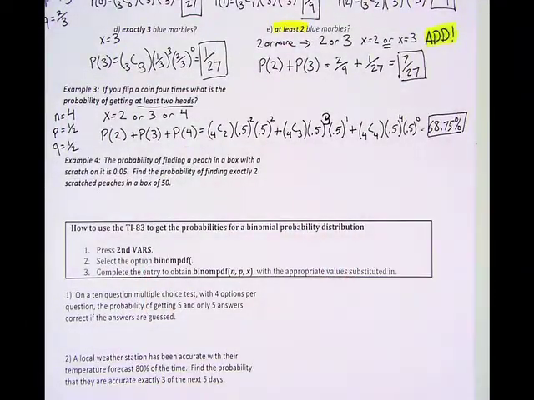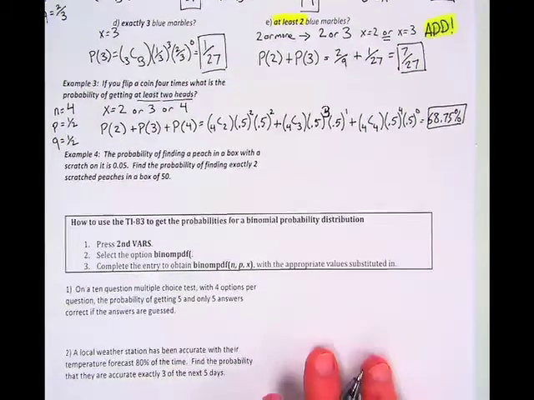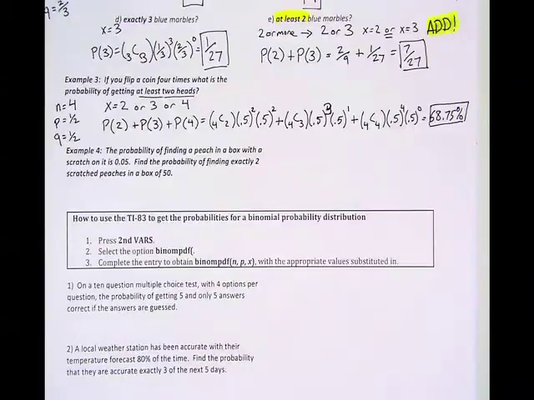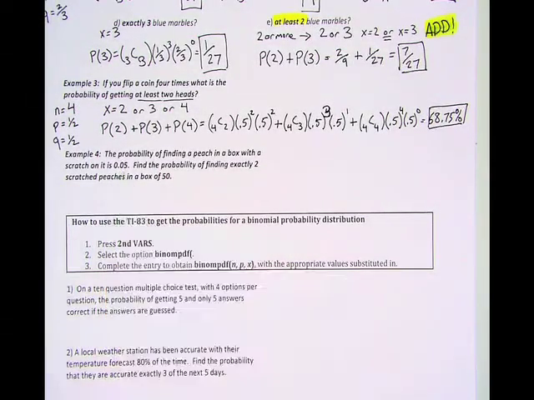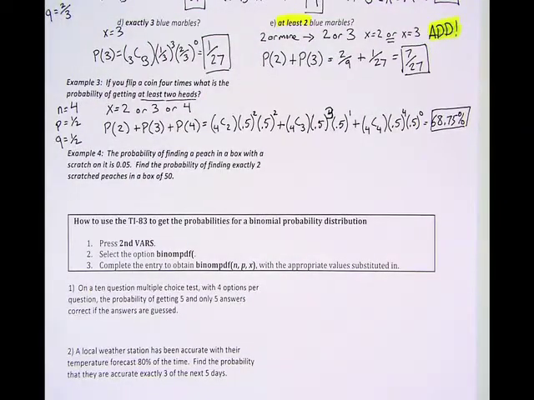Now our next example, the probability of finding a peach in a box with a scratch on it is 0.05. So I used to work in a packing shed, and I'd stack 50-pound boxes 7 feet high all day long, and inspectors would come to inspect the fruit. And so they would just randomly select a box, and they'd go through every piece of fruit to see if they were good fruit.